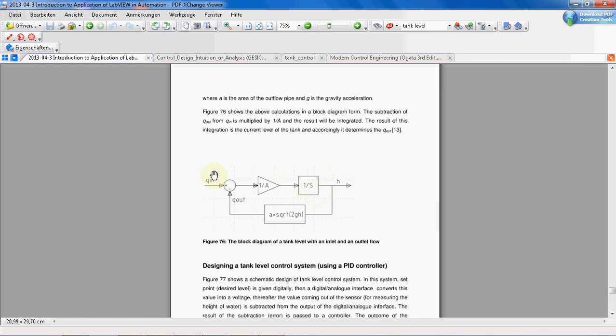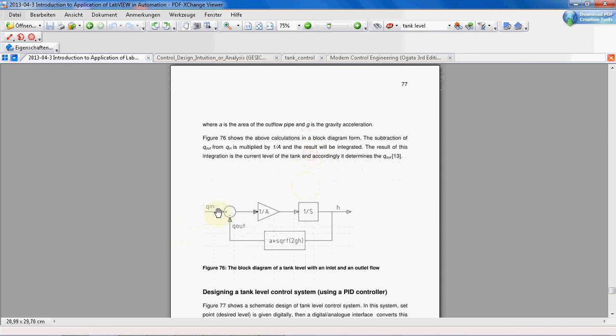We integrate what comes inside. In this case, at this point we have Q in minus Q out divided by A. The result of all this calculation is integrated here, and the result is the level of the water in the tank.